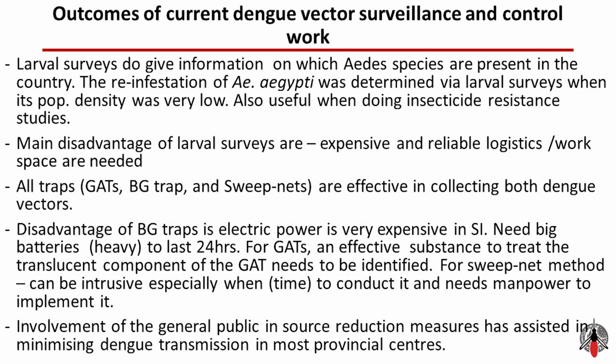For sweep nets, it's a matter of timing when you have to do collection of the vectors using that method. Sometimes it's early in the morning or in the evening, and some property owners might not be too pleased to see you around the area at that time, and also manpower is a hindrance we face from time to time.